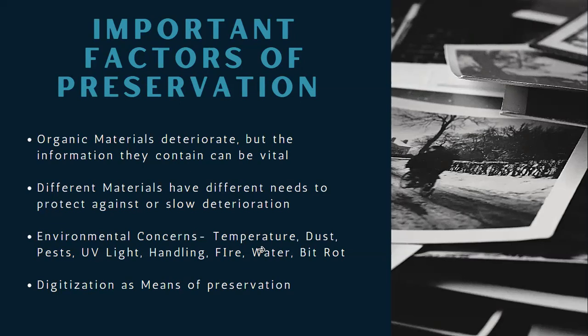So all records need to have their environment considered, and a lot of environmental concerns have to do with temperature, dust, pests, the level of UV light or absence of UV light, how they're handled, and then more natural things that you can't always avoid, but you can put measures in to protect, like fire, water, and then bit rot is a big one that is essential for digital information, and we will talk a little bit more about that.